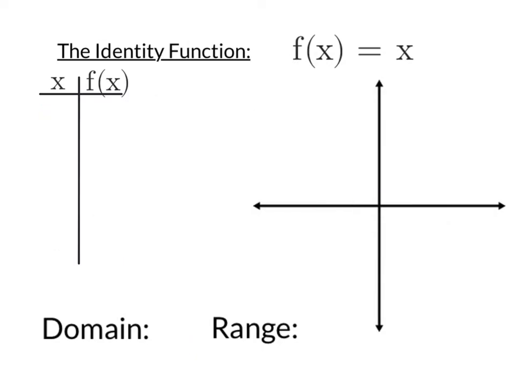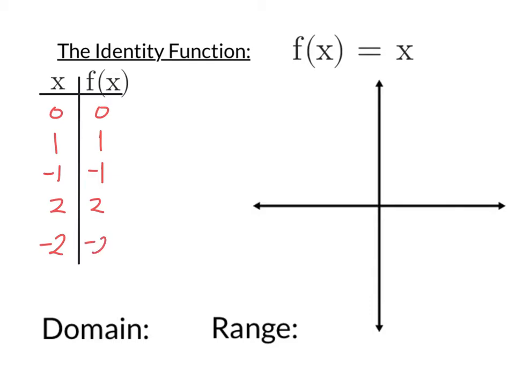Next is the identity function, f of x equals x. So if we were, again, to pick a bunch of x's and find out their functional values, well, with the identity function, f of x is equal to whatever x was. So if x is 0, f of x is 0. If x is 1, f of x is 1, and so on.